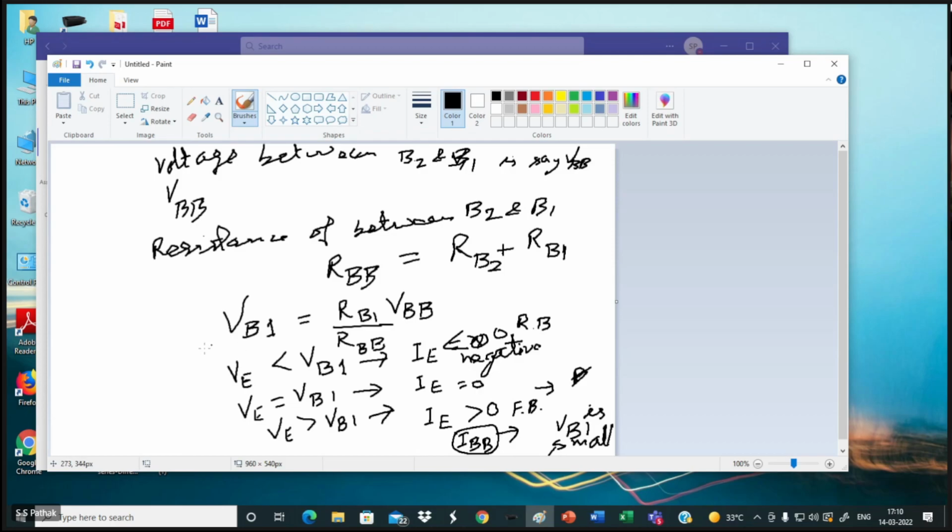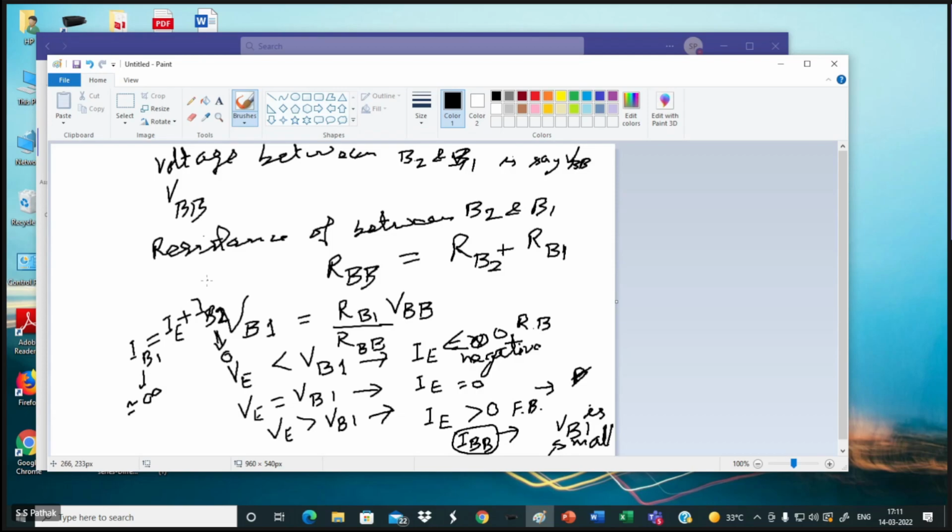Why? Because IB1 equals IE plus IB2. When this becomes very large, then IB2 will become 0, and IB1 will be equal to my IE. That will be dominating.